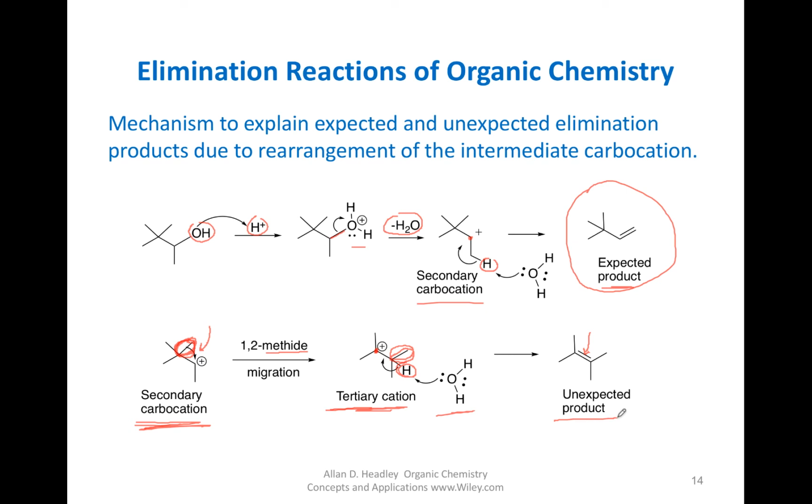So if you're asked to write a mechanism to explain the formation of this unexpected product from this reactant, this would be it, using arrows to indicate electron movement and giving steps: step number 1, step number 2, step number 3, step number 4, a step-by-step description of the reaction.